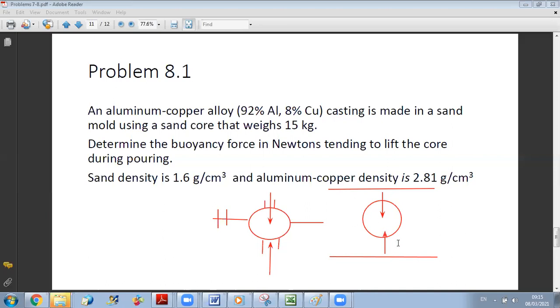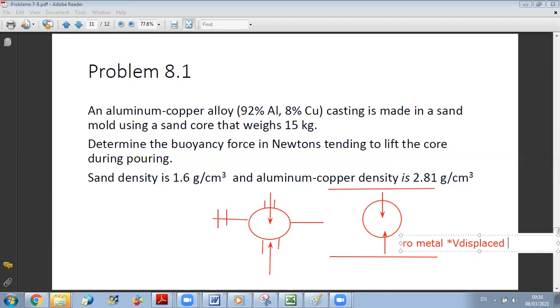The buoyancy force is equal to rho of the metal times the volume of the core. This is called displaced volume. We call it in fluids displaced fluid volume, okay.